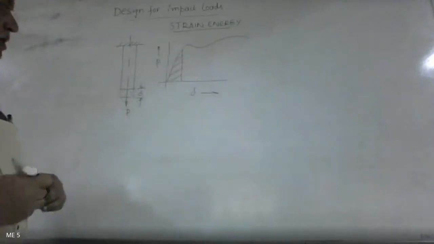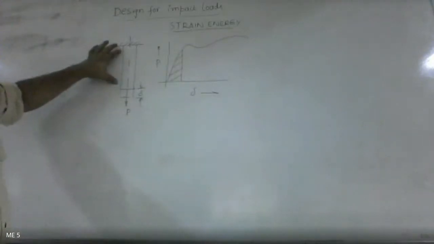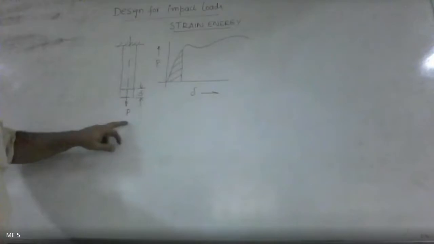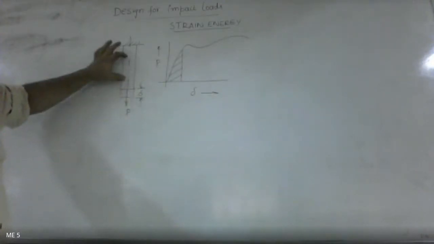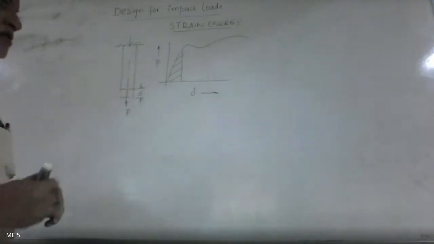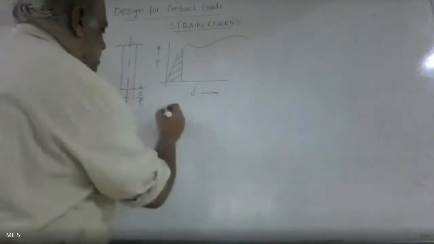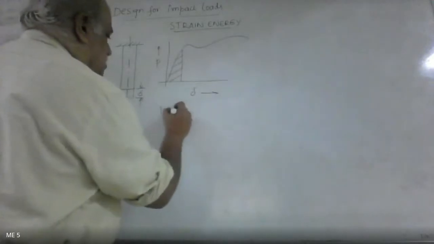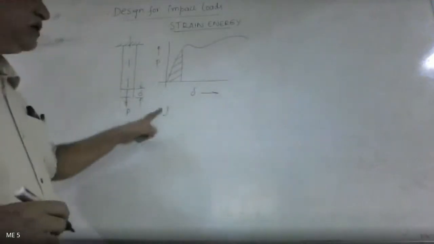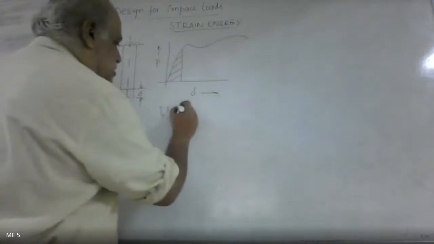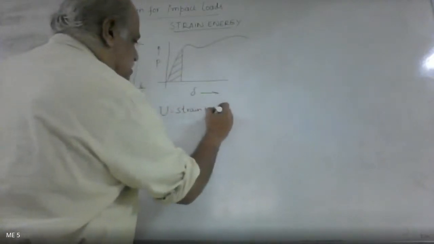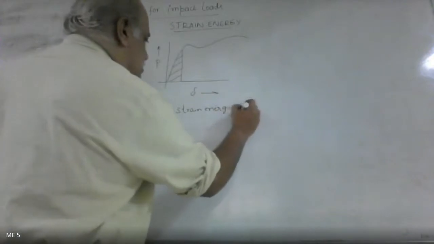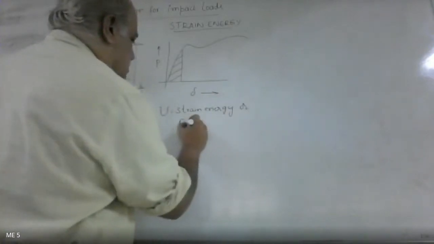As I said, when the member is subjected to axial load, the energy stored in the member is called strain energy, represented by U. It is also called resilience.